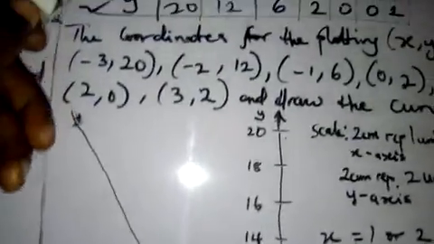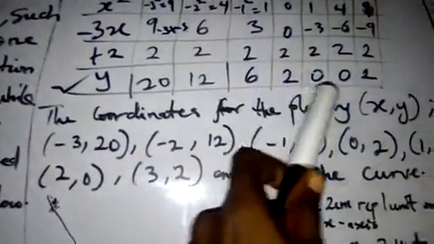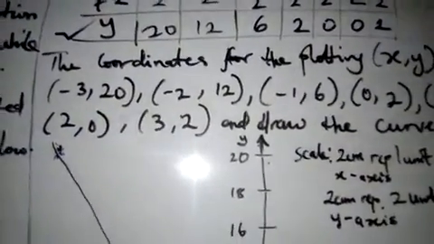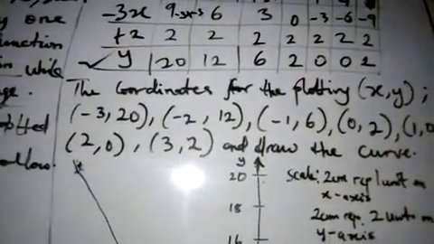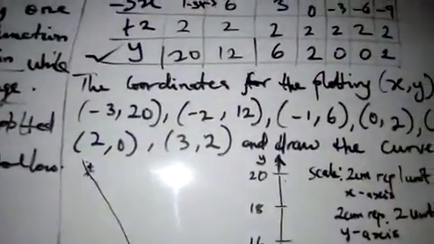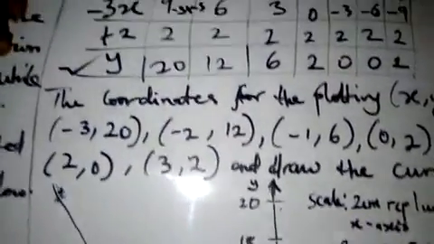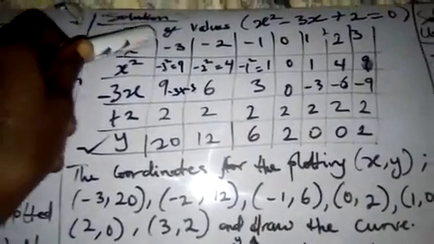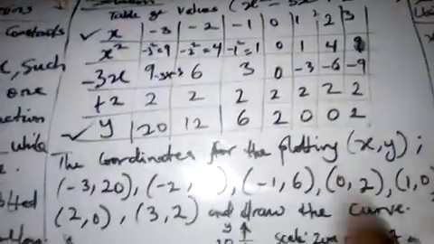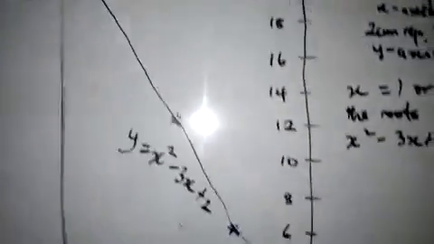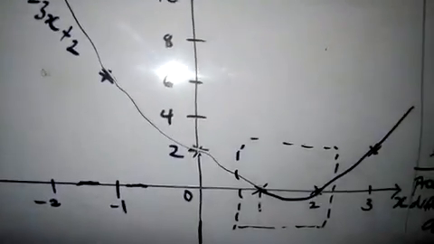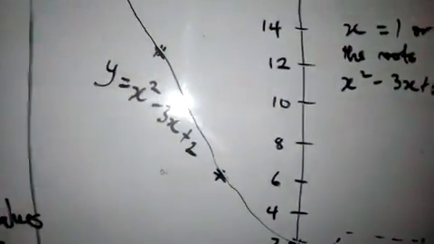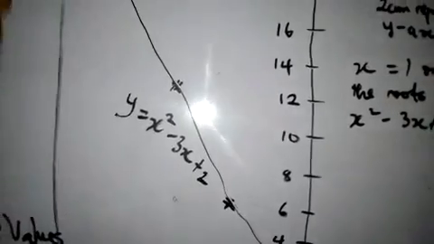You can see from our table here that there is no negative side of y, so I don't need to deal with that. I have to put my graph in such a way that it will accommodate those units all along. And you can see on the x-axis that we have minus 3, that's the negative side of x, and the positive side of x. So that's why we have this division on the graph. Let's now go into plotting.